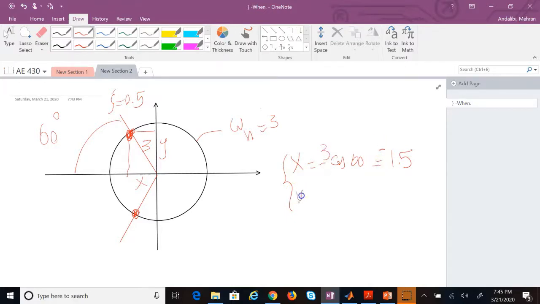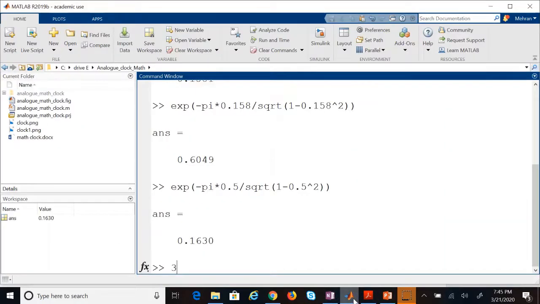And then y is, of course, 3 times sine of 60, which is 3 times square root of 3 over 2, which is 2.598.